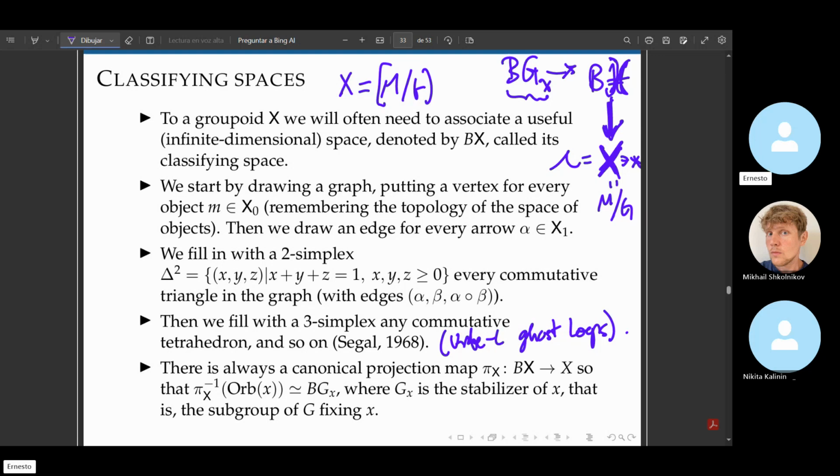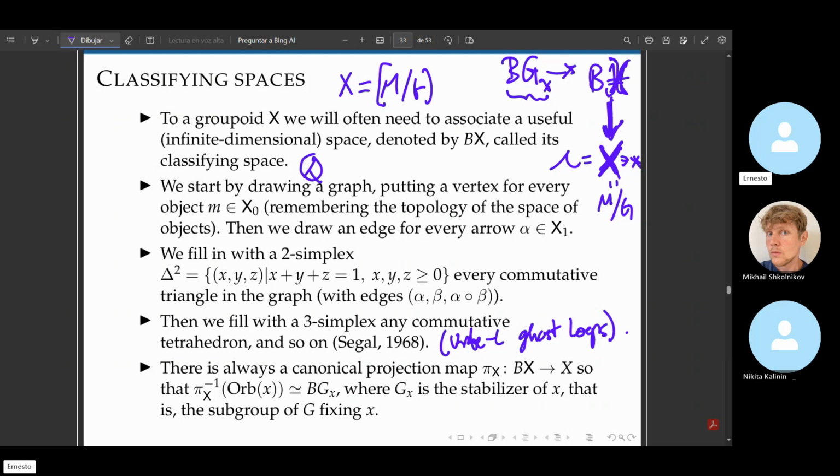But it is useful, because if now you work in rational homotopy theory, so you compute rational homology, you see, the rational homology of a finite group is nothing.